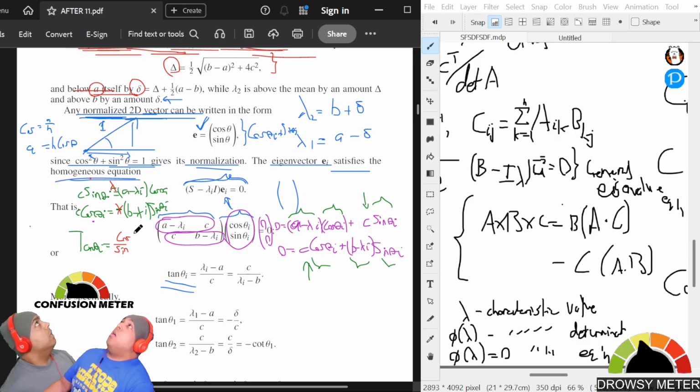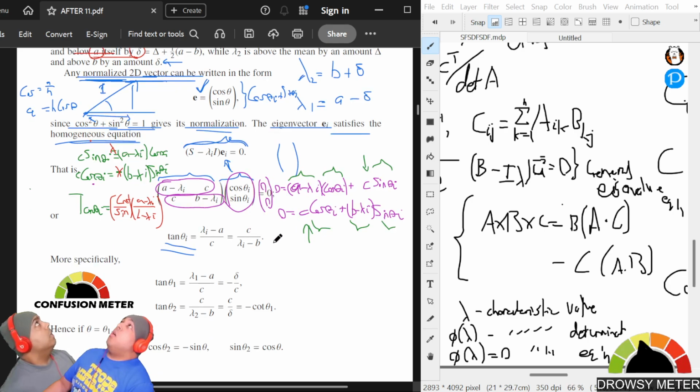Cos and sine, a minus lambda I, b minus lambda I. Wait, no, never mind. I think I see what they're getting at.